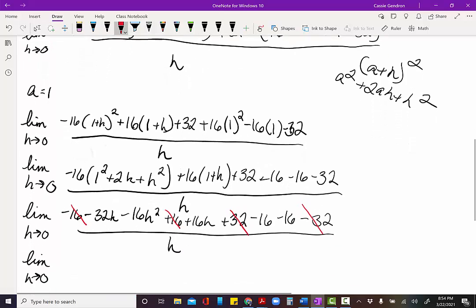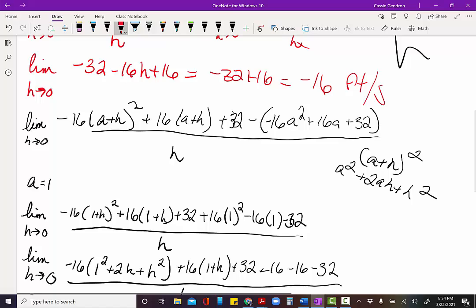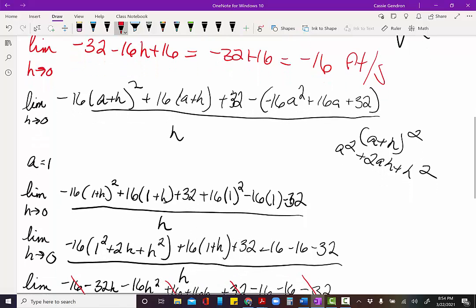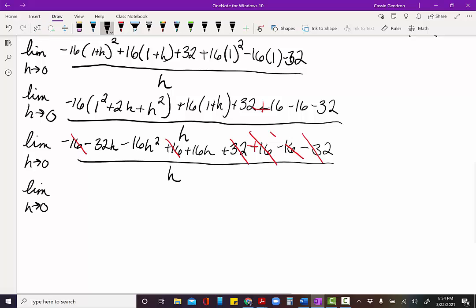No, it's a plus. This is a plus, so these go away. So that leaves me with the limit of negative 32h minus 16h squared plus 16h, all over h.